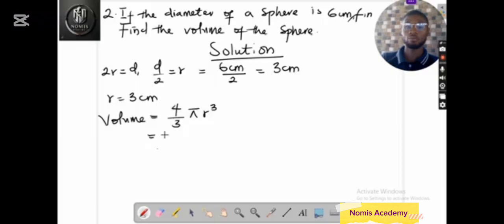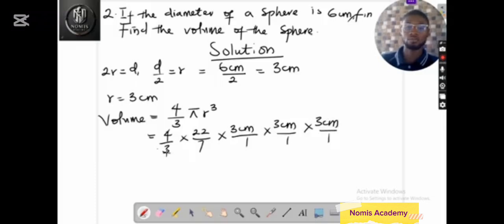So that will be 4 over 3 multiplied by 22 over 7 multiplied by 3 centimeter over 1, 3 centimeter over 1 multiplied by 3 centimeter over 1. So I can make this simpler to say 3 divide 3. So 4 times 22 will give me 88 over 7.